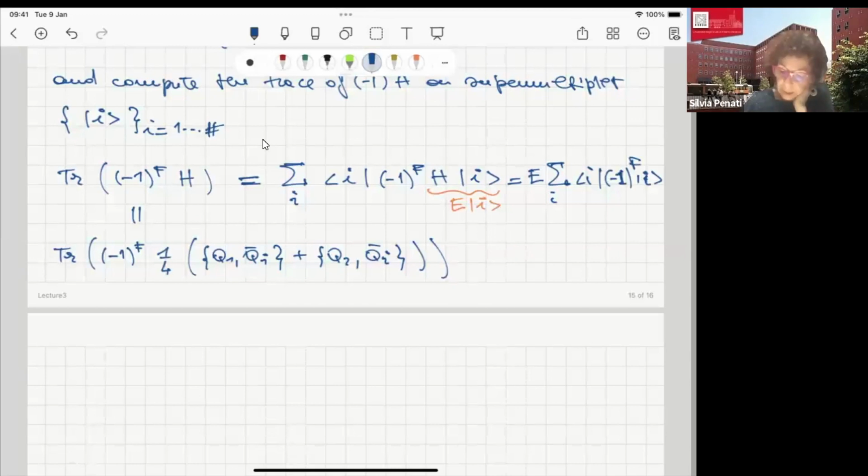So here I can write that this is nothing but the common energy of the multiplet times the number of bosons minus the number of fermions.